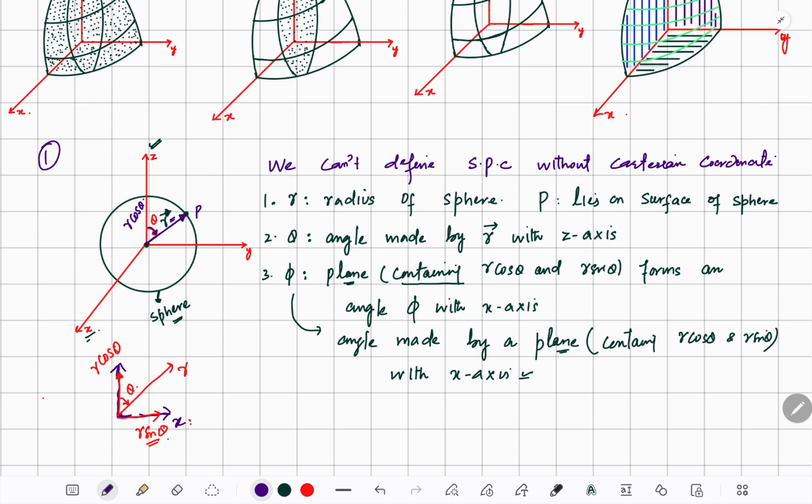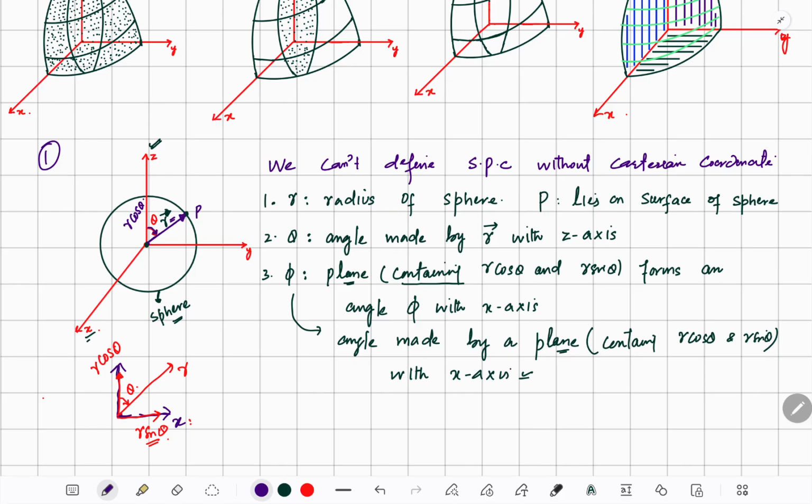Now you have a choice. If this r is in the plane of x, z and y, then r cos theta would fall on the y-axis. But we are imagining it more three-dimensional, a more general vector, which lies in space. So this r is a point which makes angle theta with the z-axis, and has a projection on the xy plane.